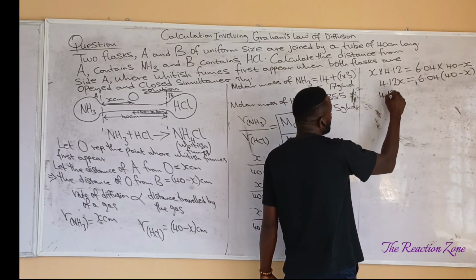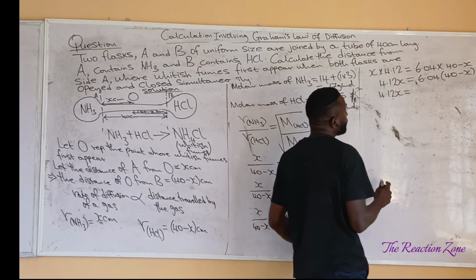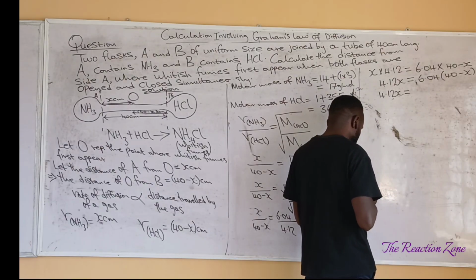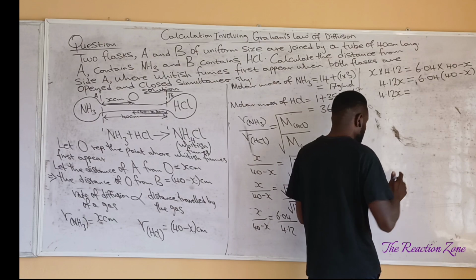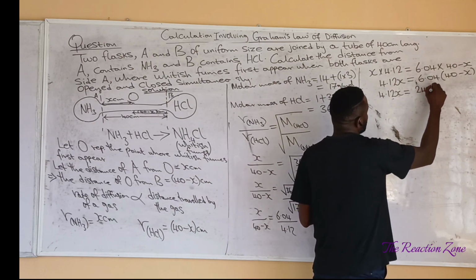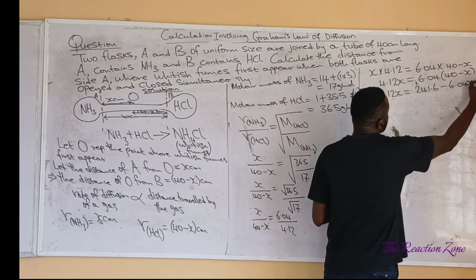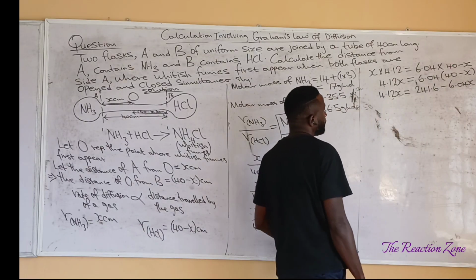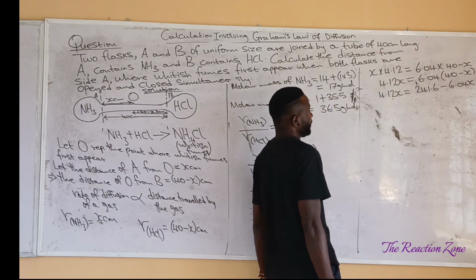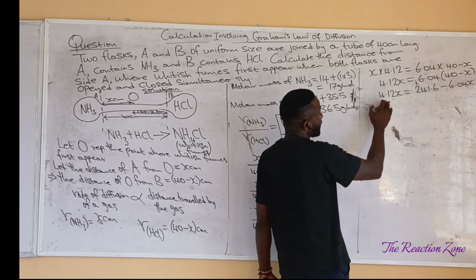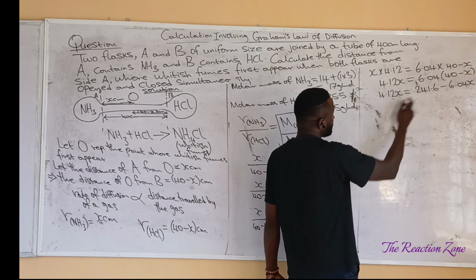So 4.12x is equal to 6.04 times 40. 6.04 times 40 is equal to 241.6 minus 6.04x. So the next thing is to collect like terms. Bring minus 6.04x to the left-hand side of this equation so it becomes positive.